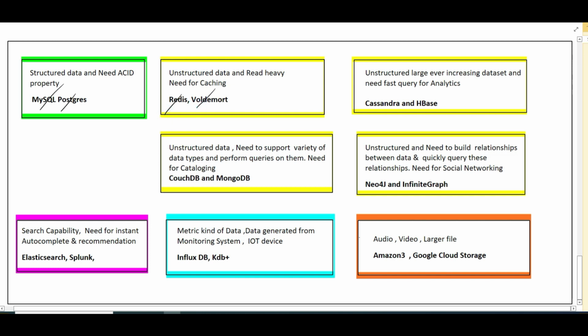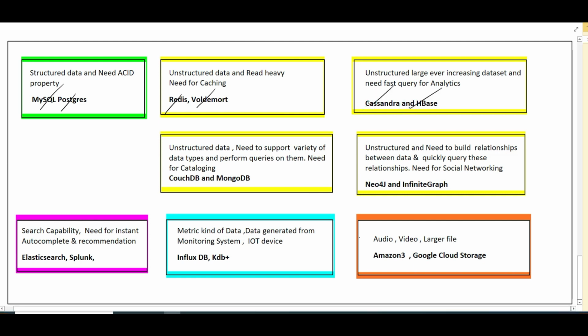Then one more category in unstructured data: whenever you have unstructured data that is increasing in size into a larger data set and needs fast queries for analytics and other purposes, you should go for Cassandra and HBase.